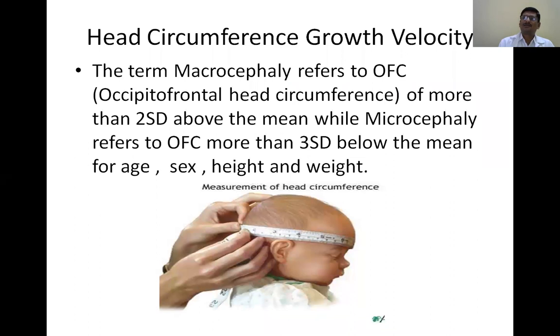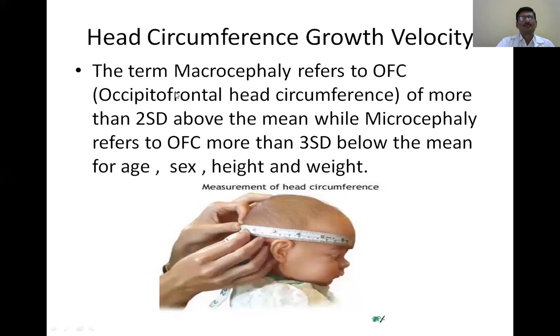So based on measurement of the head circumference, those who have increased head circumference in comparison to the normal child, we call macrocephaly, and those who have less, we call microcephaly.